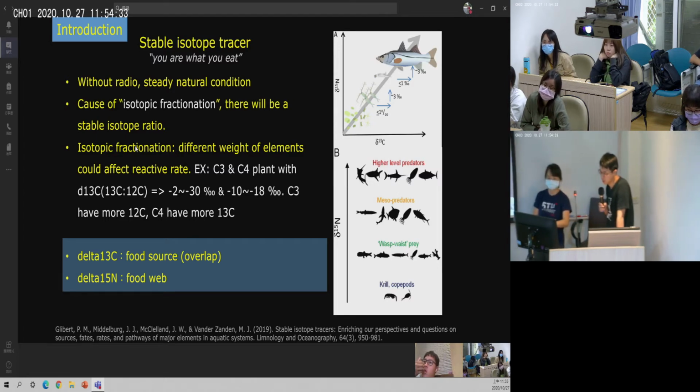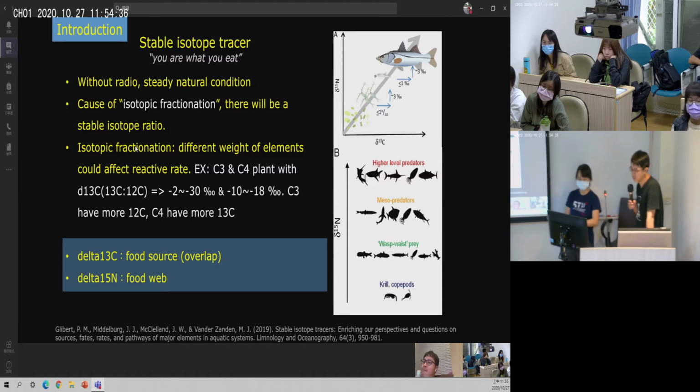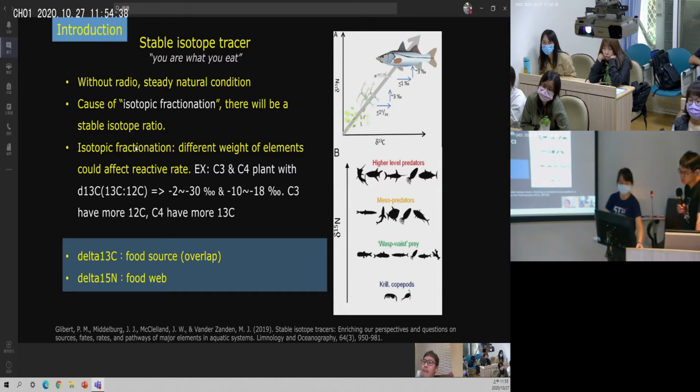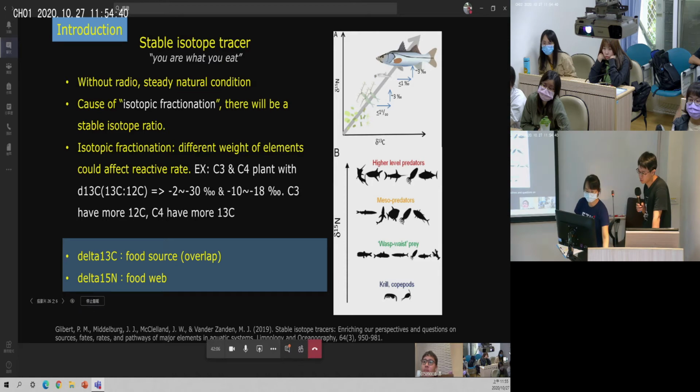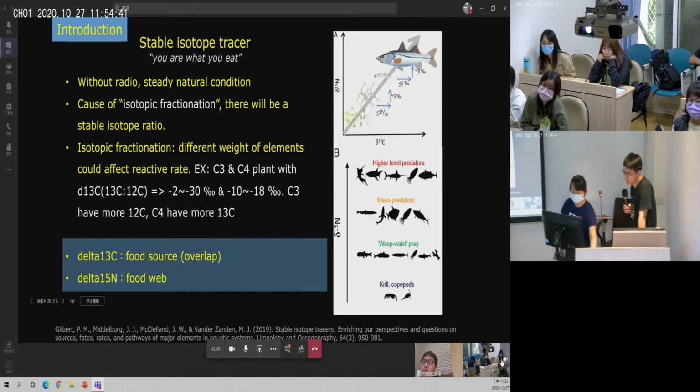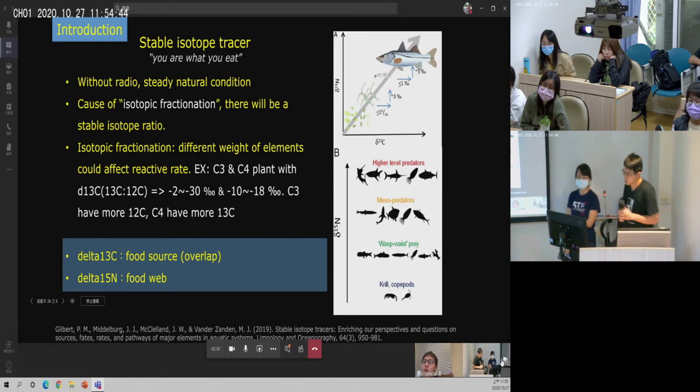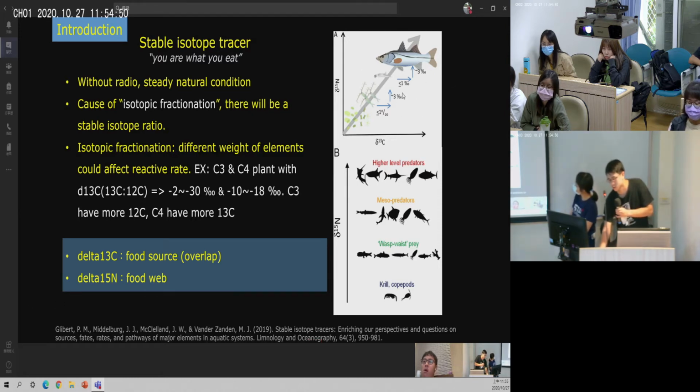Because there might be differences in the isotopes, we can come up with this kind of perfect figure that we want to get, but in our research it's not so beautiful.